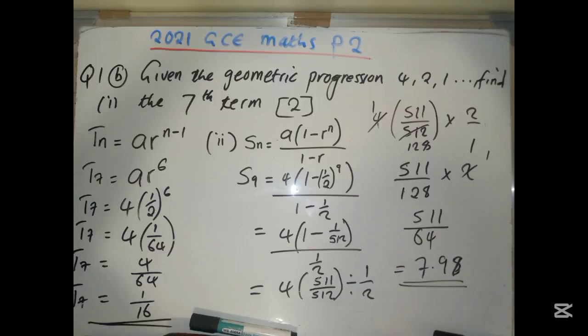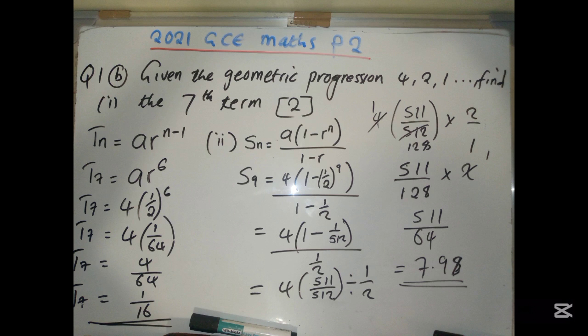Now the second question: they want us to calculate the sum of the first 9 terms. The sum is equal to A, open bracket, 1 minus R to the power n, close bracket, divided by 1 minus the ratio. For the first term we replace with 4, open bracket, 1 minus 1/2 to the power 9, over 1 minus a half.